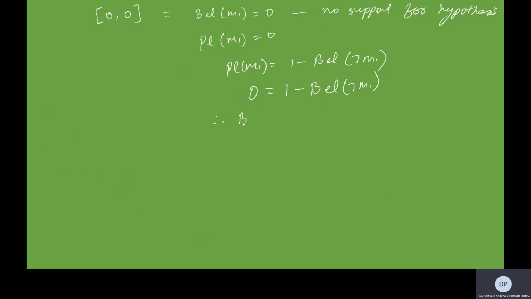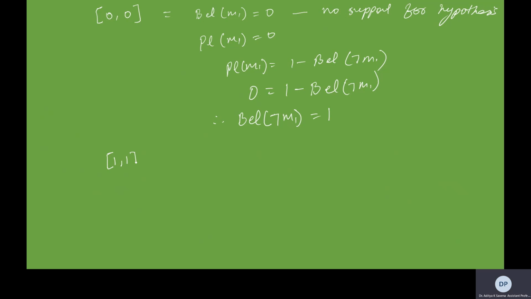Therefore we can say that belief against the hypothesis is 1. So we have confidence that the hypothesis is not true, or total disbelief in the hypothesis.